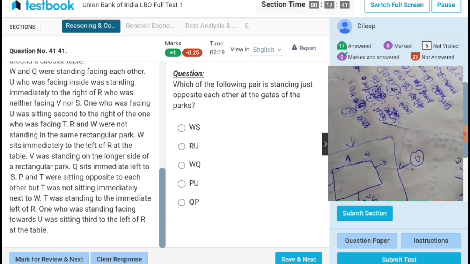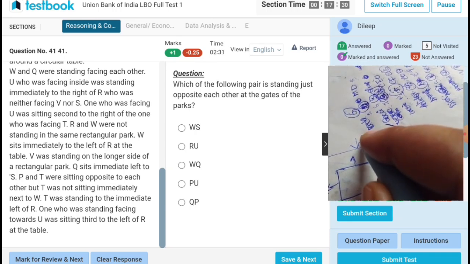So W is immediately left of R. V is on one of the longer sides of the rectangular park.